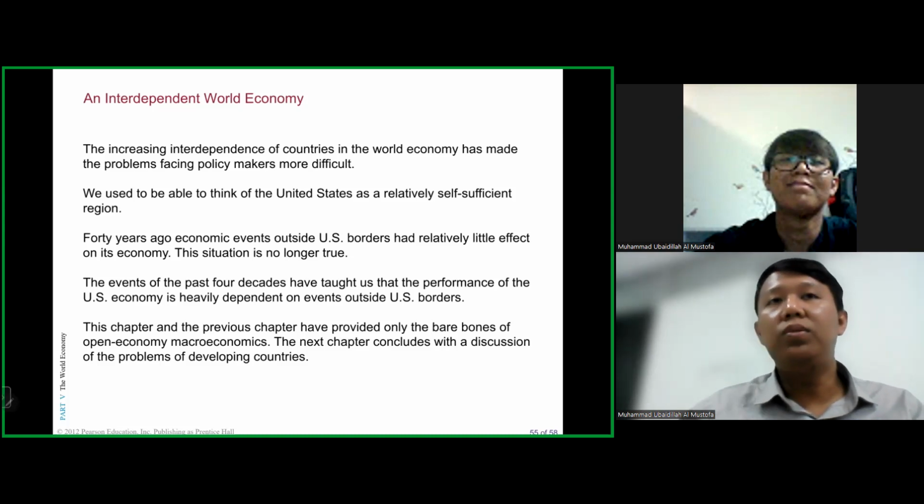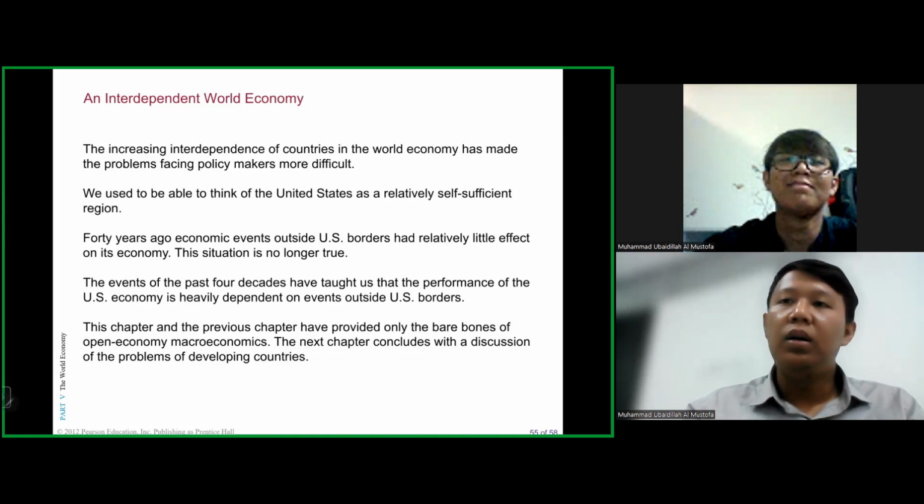I think this is for today's topic. I hope that you can learn some of the basics of international trade, balance of trade, and exchange rate. So our balance of trade depends strongly on the exchange rate.